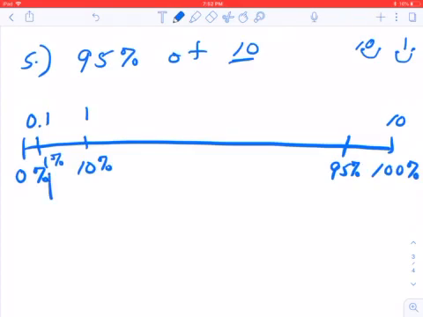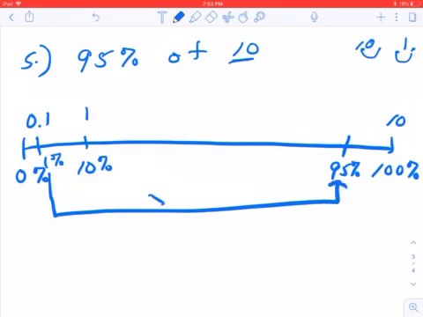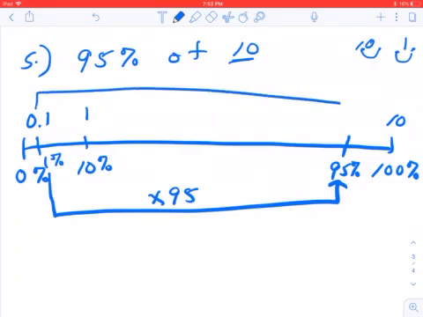So 1 times what makes 95? Times 95. And so 0.1 times 95 is going to give us our answer. So go ahead and put that in. 0.1 times 95 equals, and we end up with 9.5.